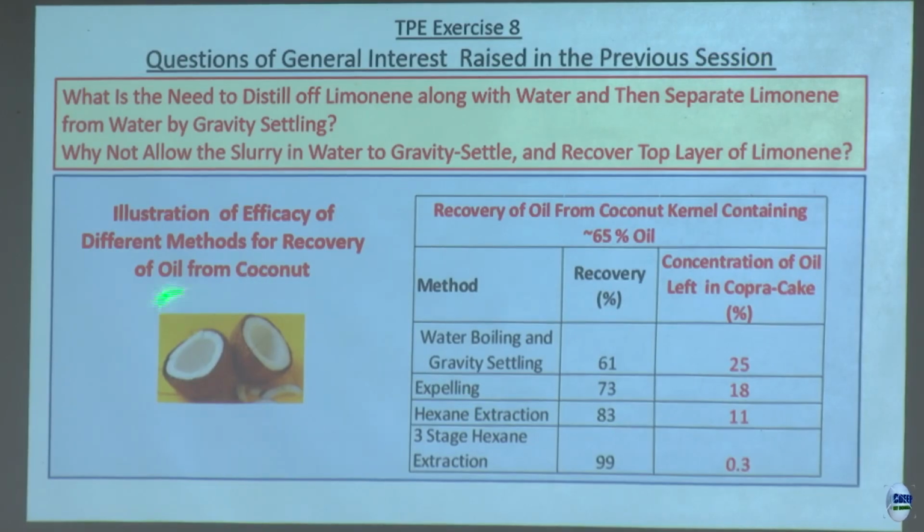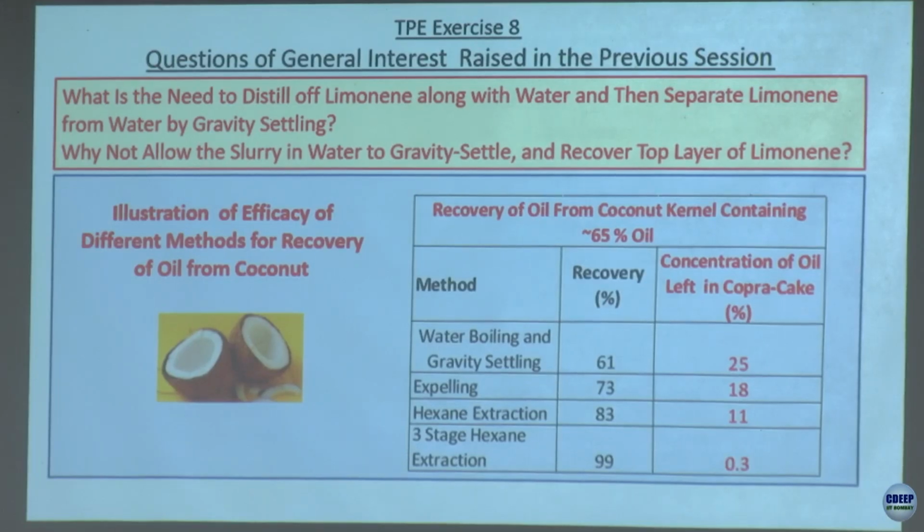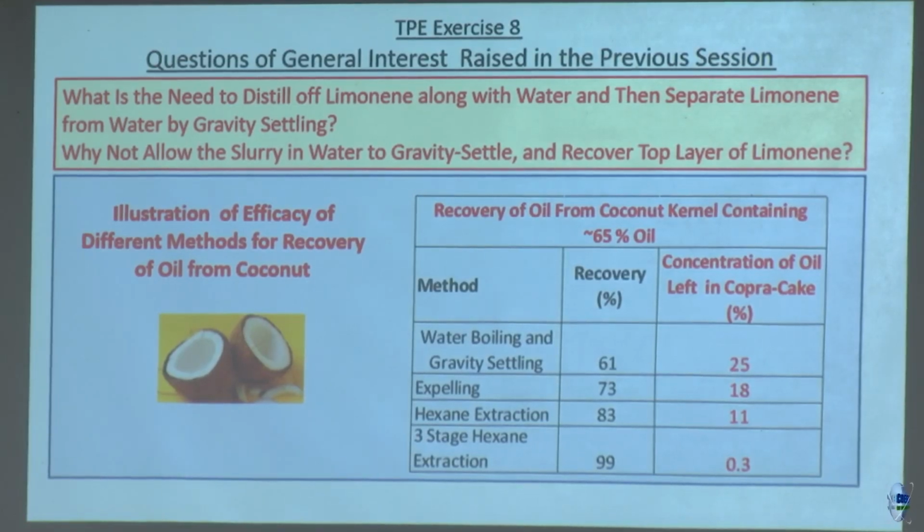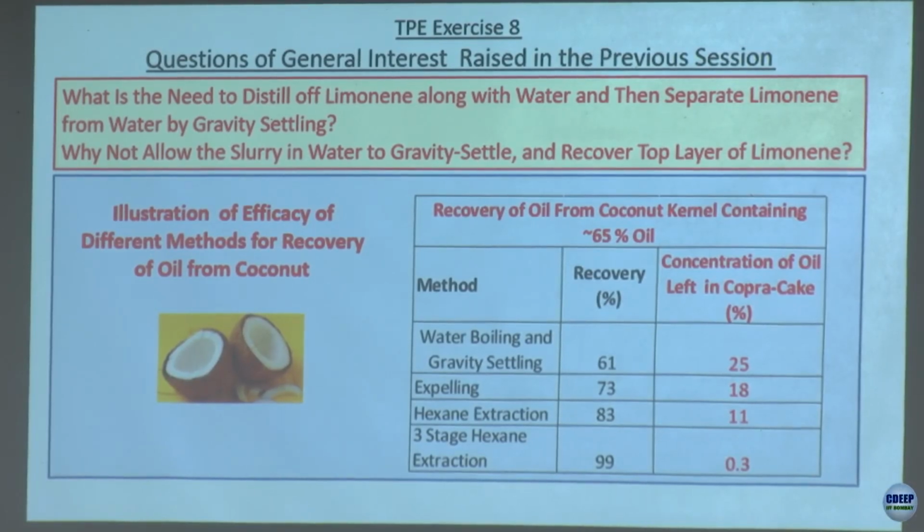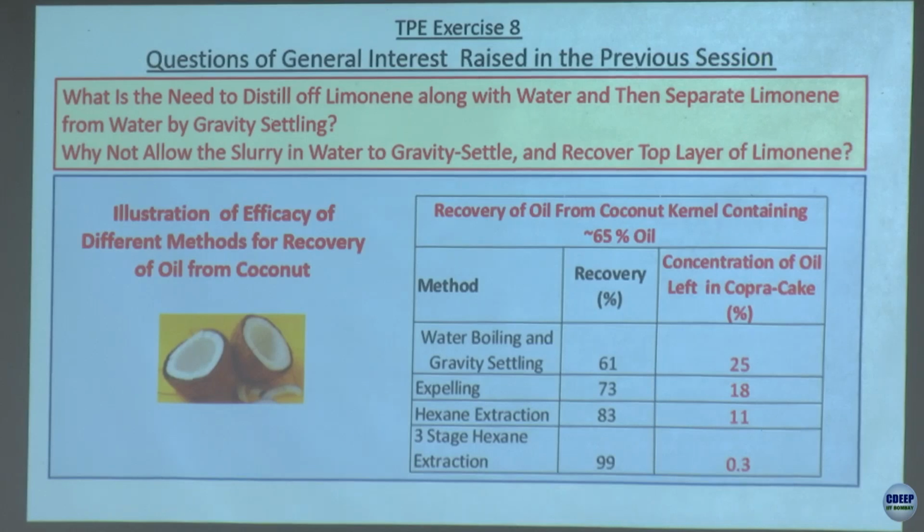Therefore, generally for essential oils or such kind of bioactive materials, one would like to make use of a molecule like water if the molecule under consideration is resistant to water, because otherwise if it gets hydrolyzed then you cannot use water. Steam distillation becomes one of the preferred methods of recovery of such kind of bioactive molecules.